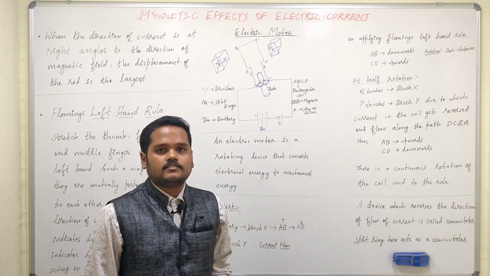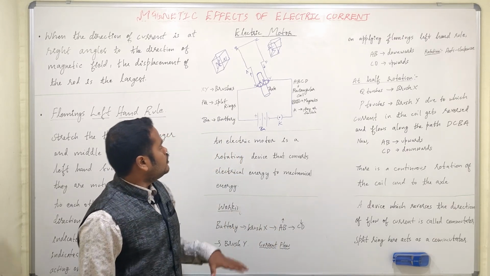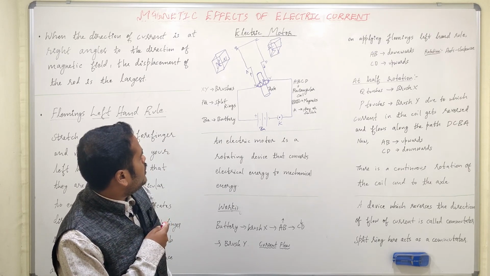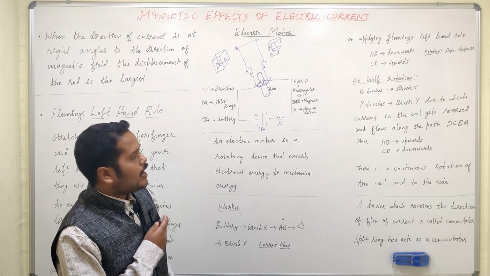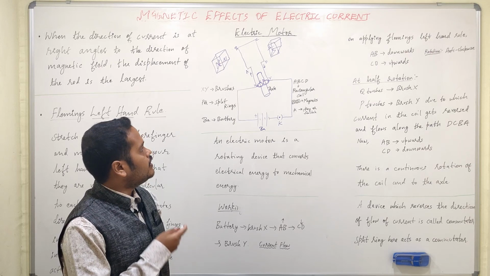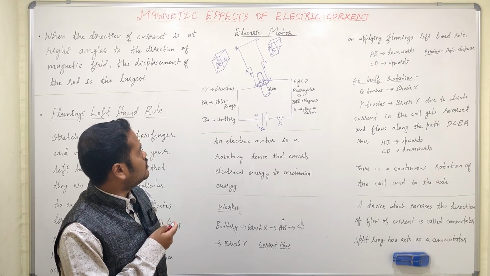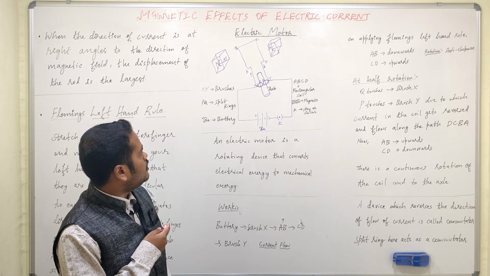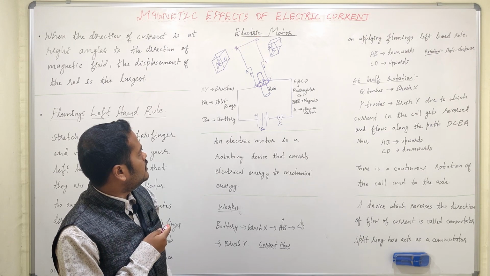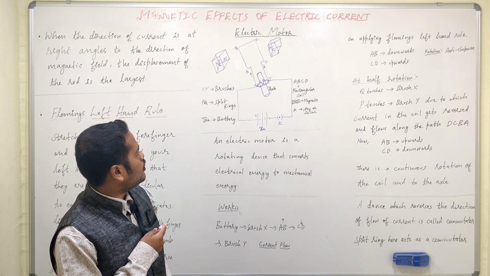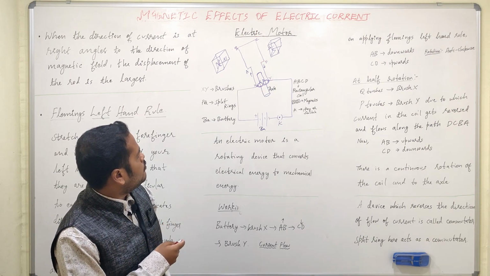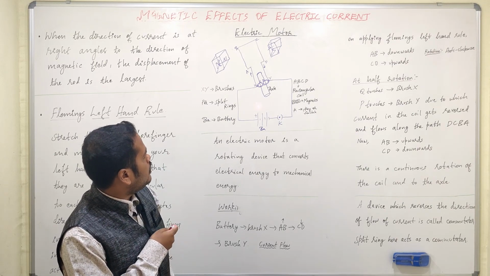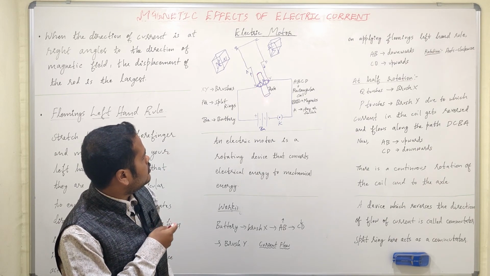First, let us see the setup. Here you can see a permanent north pole magnet, a permanent south pole magnet, a rectangular coil ABCD. This is a rectangular coil made up of insulated copper wire, and this is an axle.